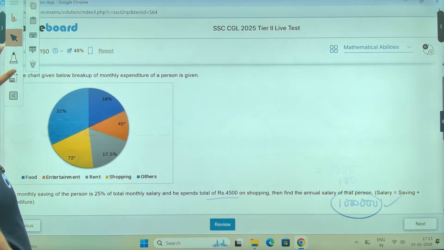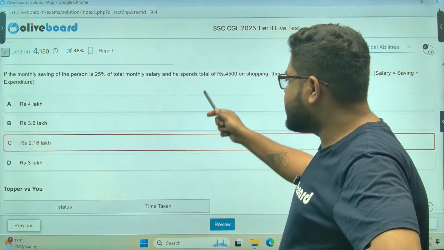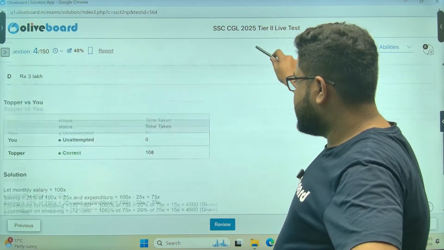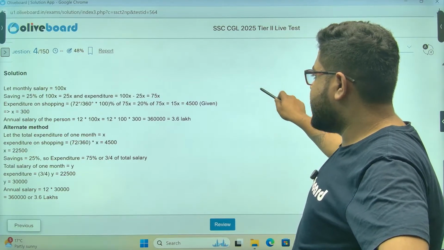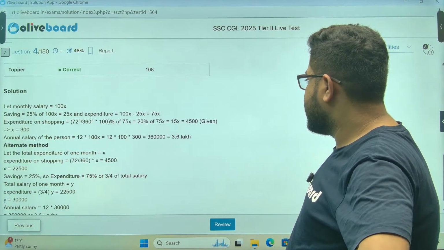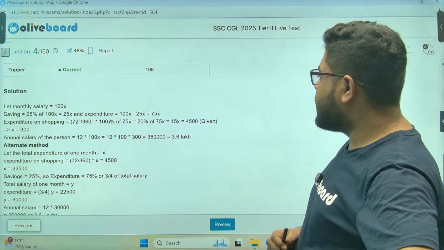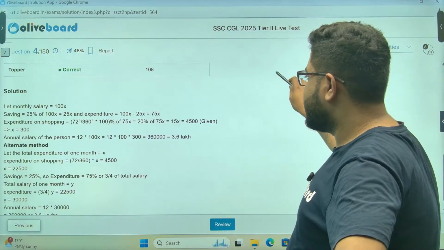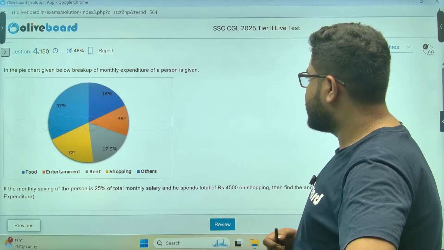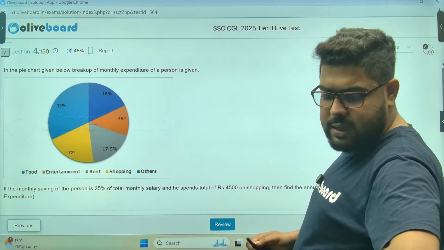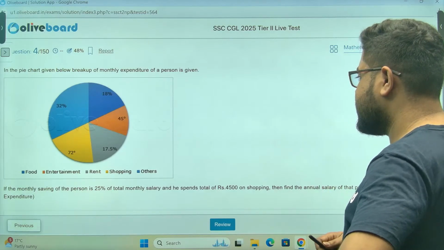So there is some issue in the options, I guess. Only thing that is divisible is 2.16. Ek second. 72 out of 360, same thing. Nope. There is some issue in this question. Calculation wise, there is some issue.